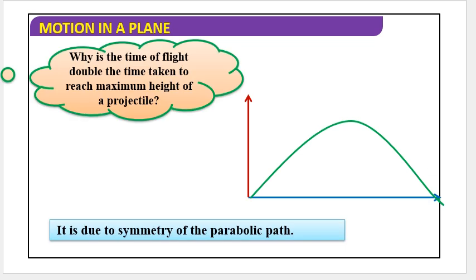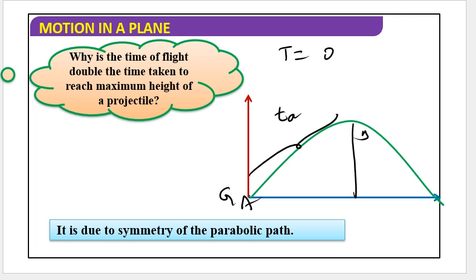Next, why is the time of flight double the time taken to reach the maximum height of the projectile? Here from A to B, this is the ground and this is the maximum height. From ground to maximum height, this time is called the time of ascent. So why is the time of flight equal to 2 times the time of ascent?